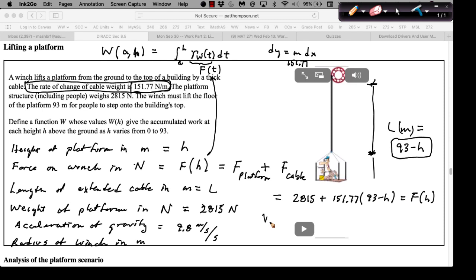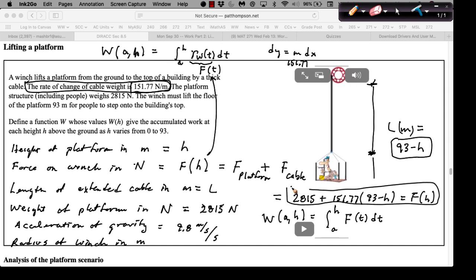So work is the integral from a to h of f of t dt, having defined f as this.